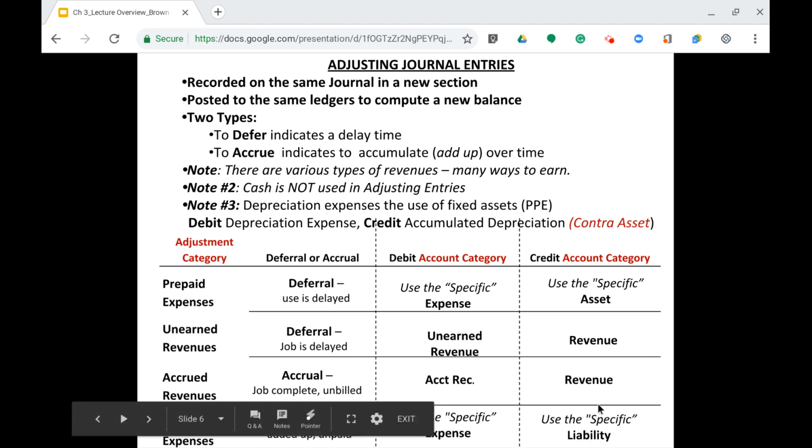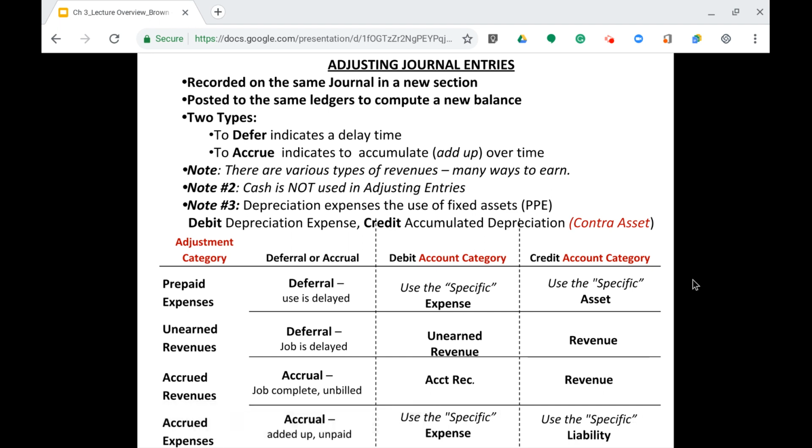So your liability is going to increase and your expenses are going to increase. So in this case, let's say that for the dry cleaning expense transaction that we had in chapter 1, dry cleaning expense will be the debit. The liability is accounts payable, because that's who you owe.